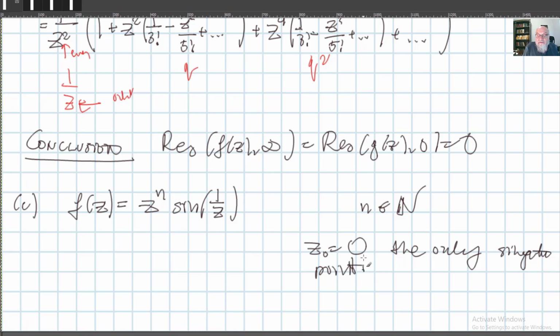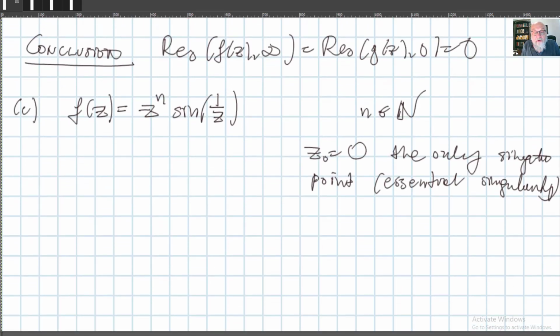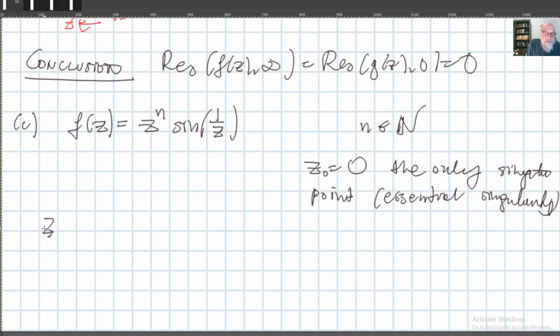So it's isolated, and in this case you also know that this only singular point is an essential singularity. And why is it an essential singularity? Because we know the Laurent series expansion.